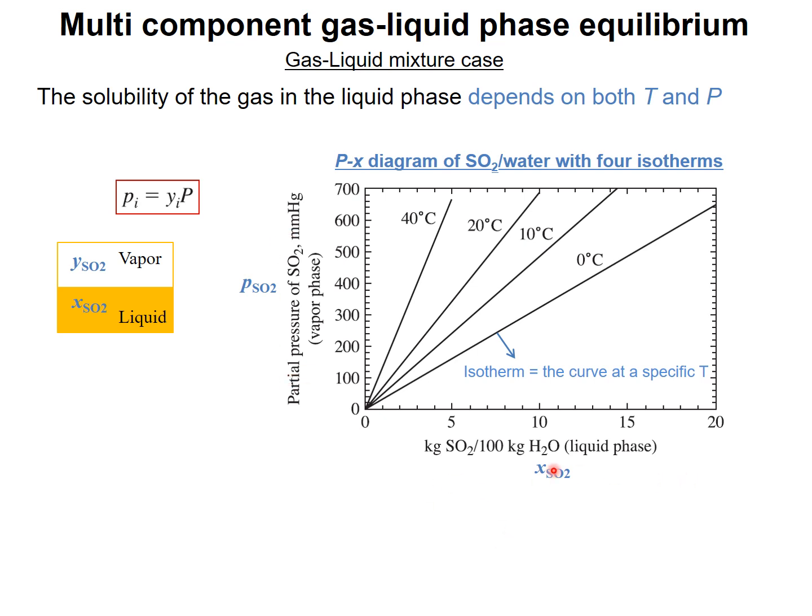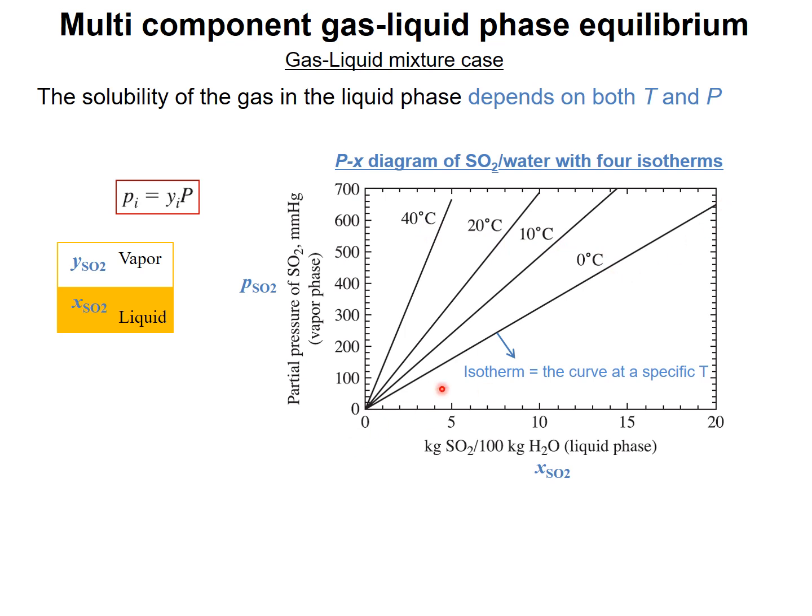One more thing, temperature. I have said the solubility of the gas in the liquid phase depends on both pressure and temperature. So in this pressure-composition diagram, we have 4 different curves specified at several temperatures.